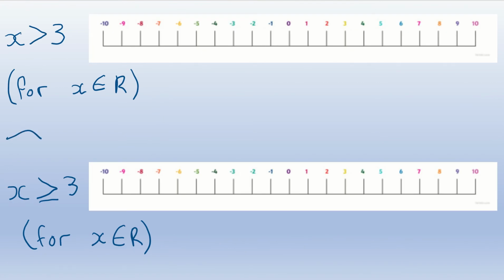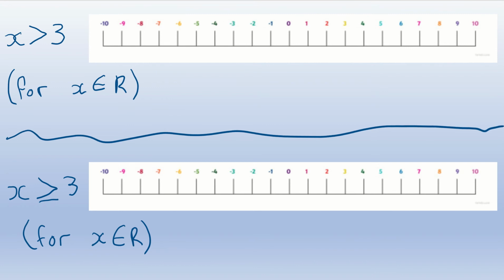So I'm going to split this page into two, and at the top here we're going to try and represent all of the numbers x that are greater than 3, and this time we're dealing with all the real numbers, so x is an element of R.